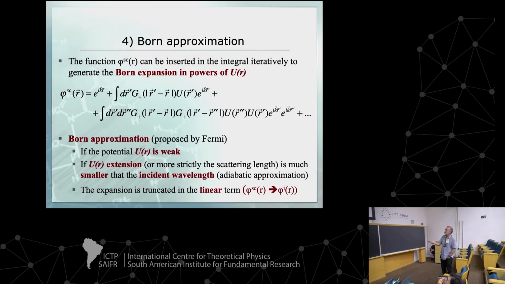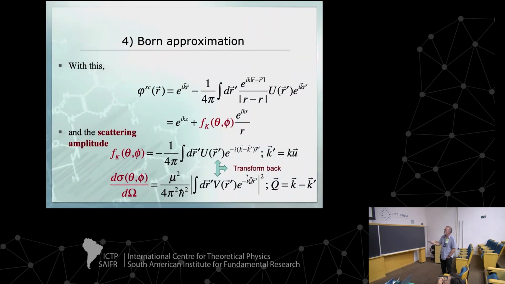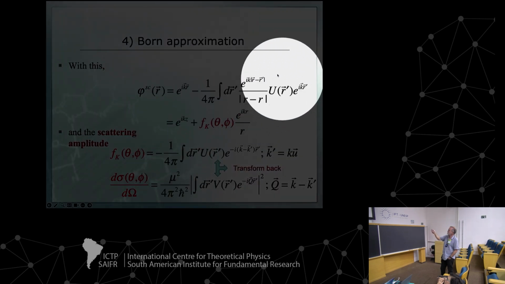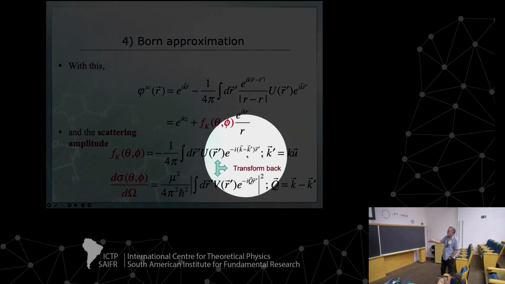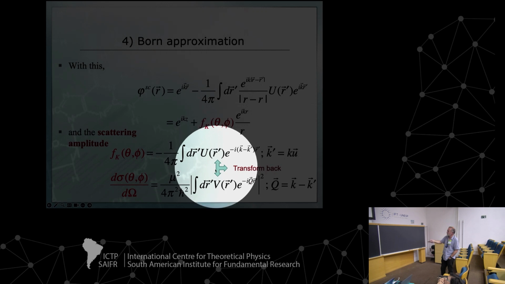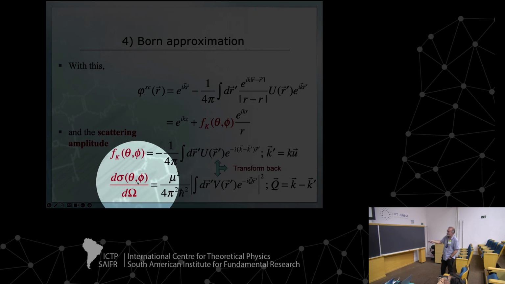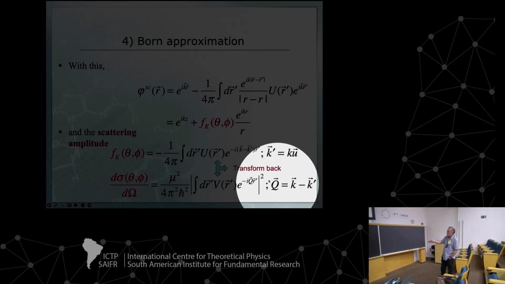So you truncate this at the linear term with the Born approximation, and you end up with an equation like this, with the scattering amplitude defined in this way. From here to here, if you go back from U to V and have all the proper terms, this is the equation for the differential scattering.